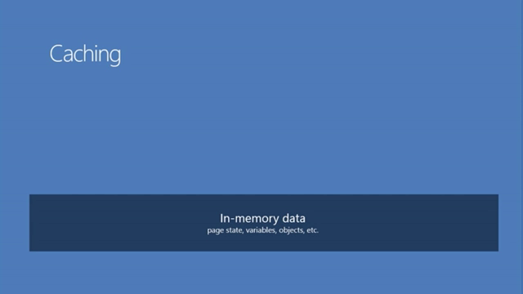So caching. What do we mean by caching? In order to answer this question, we have to start talking about what the polar ends of the spectrum are with regard to data. So let's talk first about in-memory data. That would be described in our JavaScript applications as things related to the page, to the scope of functions, variables, objects, etc. Anything that stays in memory.